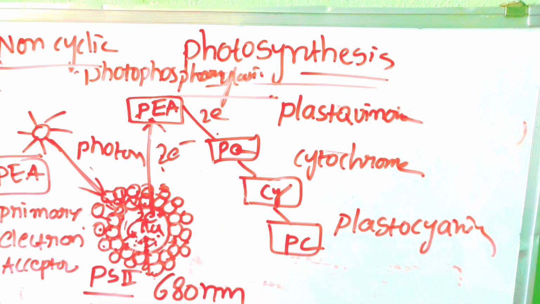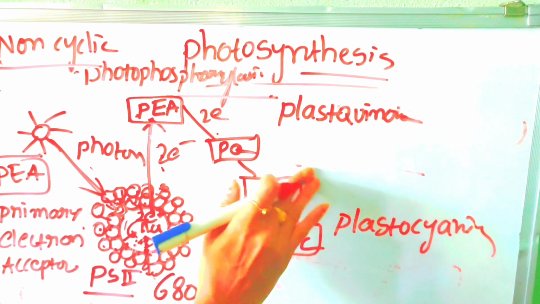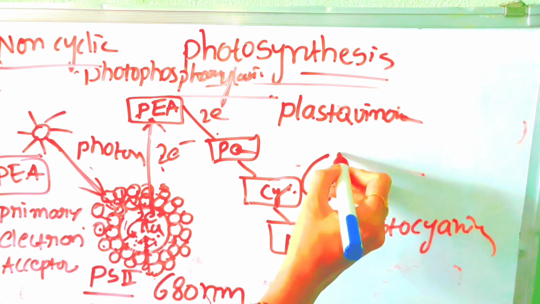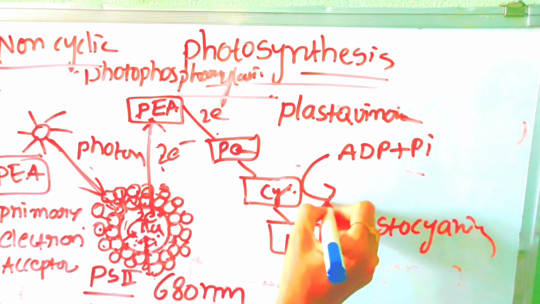So the electrons come back into the ground state. During this process, some amount of energy is released. That energy is released at the site of cytochrome, and it is utilized for the synthesis of ATP.